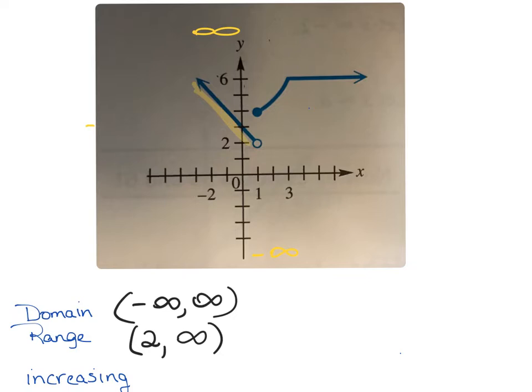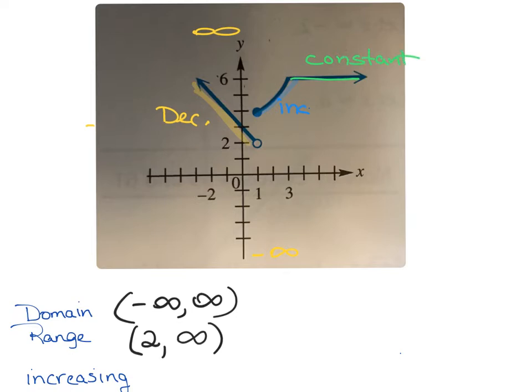So whenever the line segment looks like it's got a negative slope, or the ray, then we know that this is decreasing. Then over here for this part, notice it's rising from left to right, or it looks like it has a positive slope. This would be the increasing part. And then this, where it's flat, this is the constant part of the graph.